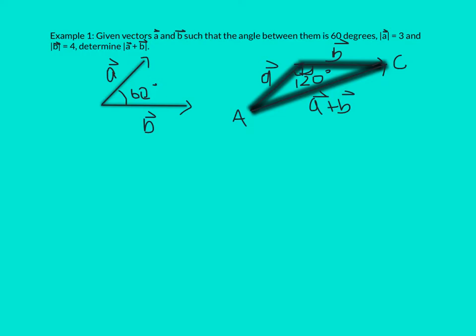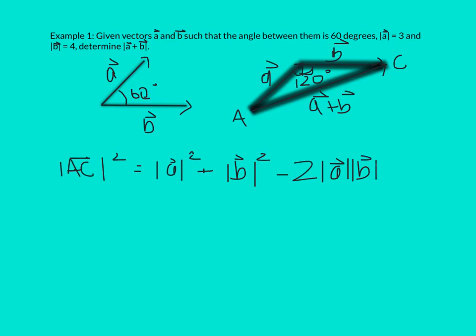So the magnitude of AC squared will be the magnitude of A squared plus the magnitude of B squared minus 2 times the magnitude of A times the magnitude of B times the cosine of the angle.